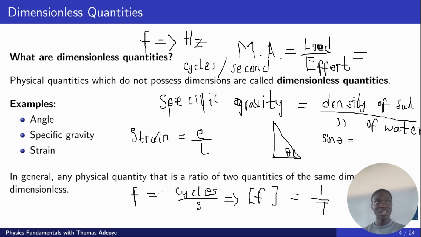Seconds is the unit of time, so the dimension of time, which is capital T, comes out. This is because cycles are measured in angles, or related to angles. The units of angles are degrees and steradian, and you can see that angles are dimensionless. So cycle is also dimensionless. So even though frequency is cycles per second, cycle is dimensionless, and that's why the dimension of frequency is T raised to the power minus 1. So please take note of that.